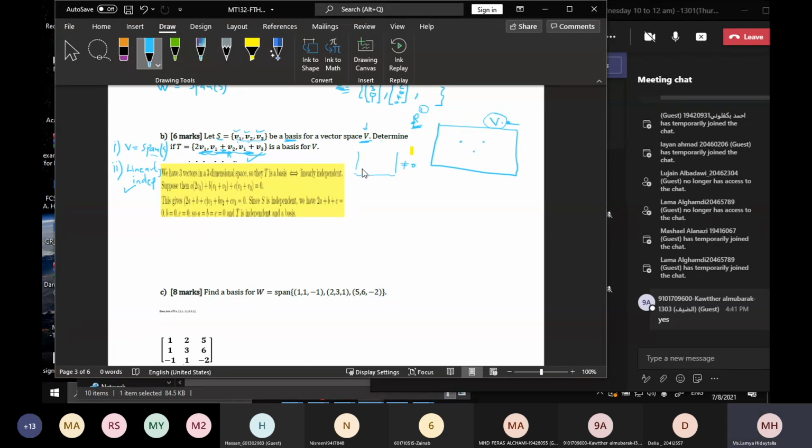But I cannot, because I have V1, V2, V3 and no information to calculate the determinant. So the other approach is the theorem.